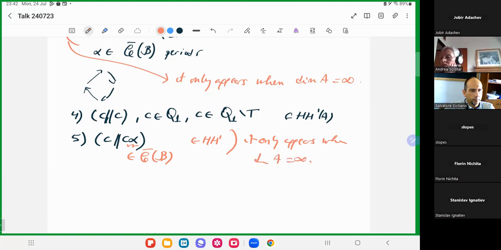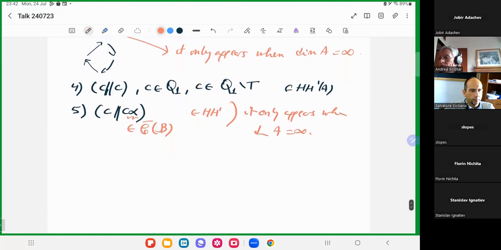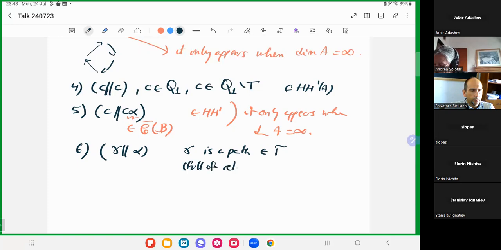Okay? So after this, we have three more types of elements in higher degrees that may appear or not. So let me briefly mention them. We have a path gamma parallel to a path alpha, where gamma is a path that is full of relations, or complete, okay?